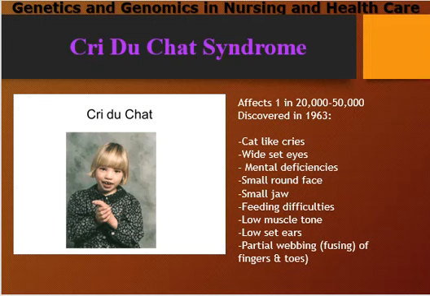And then they have wide-set eyes, also a range of mental deficiencies, small round face, small jaw, feeding difficulties, low muscle tone, so they will need assistance with developmental delays and some strengthening to help keep them optimal. Low-set ears and partial webbing or fusing of the fingers and toes. But that cat-like cry is very distinctive, and that's what gave it its name, Cri-du-Chat.